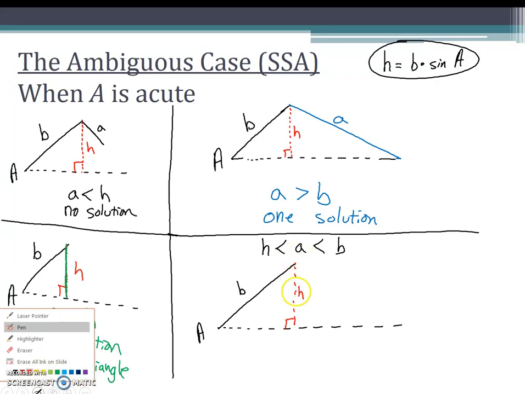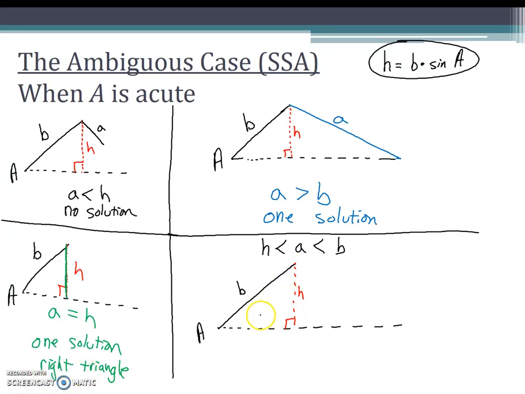Now, if a is greater than h, it means it has to be somewhere over here. And if it's less than b, you fall between those two. Problem is, if you picture this h as a line of reflection, a could also be that same distance here. And what happens is, if a is between h and b, there are two possible solutions. And that is why SSA is called the ambiguous case. When you're given two sides and a non-included angle, it's a possibility that lots of things can happen.